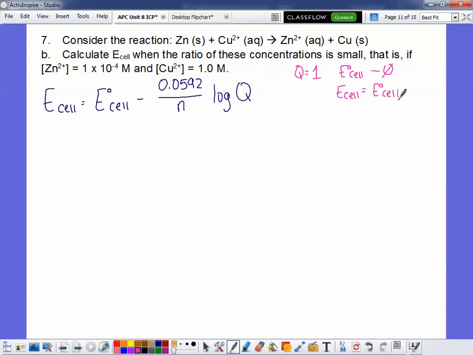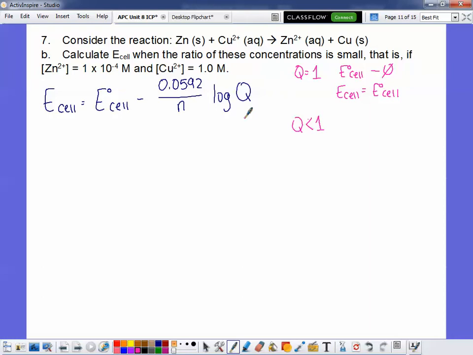Okay? When Q is less than 1, what happens to this whole term here? Okay, let's back up. What is the log of a number that's less than 1? Negative.